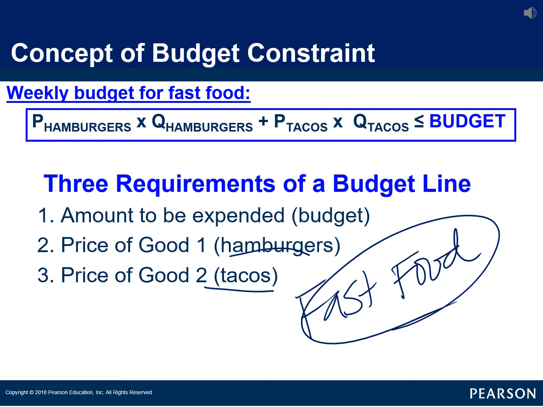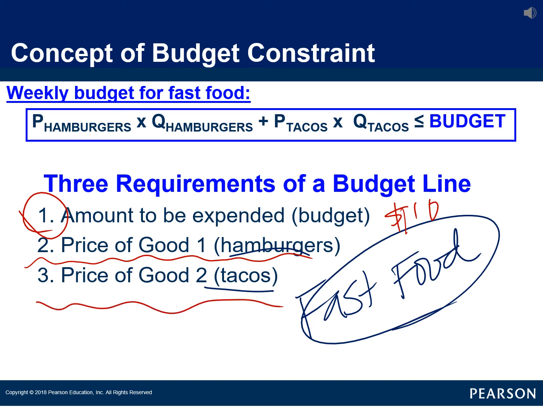The first is our budget. How much money are we willing to spend? Are we willing to spend $10 a week on fast food, $20 a week, $5 a week? What are we willing to spend? We also need to know how much each of the items cost. At this point, we're only going to do 2 items. So we need to know the price of the hamburgers and the price of the tacos.